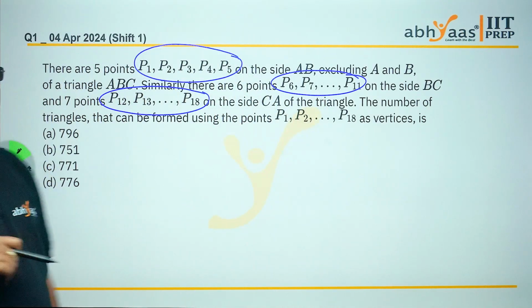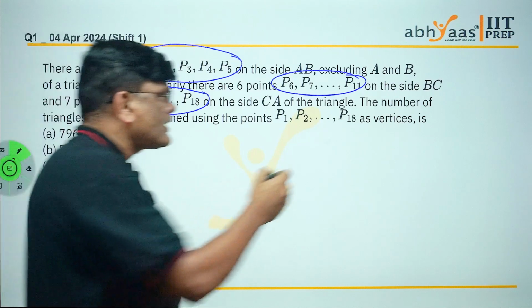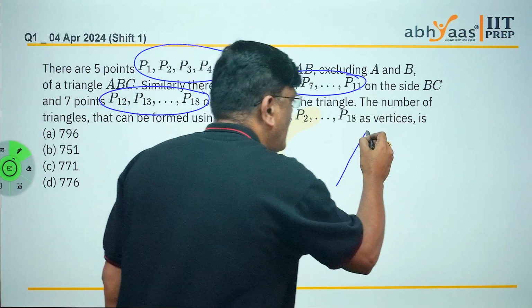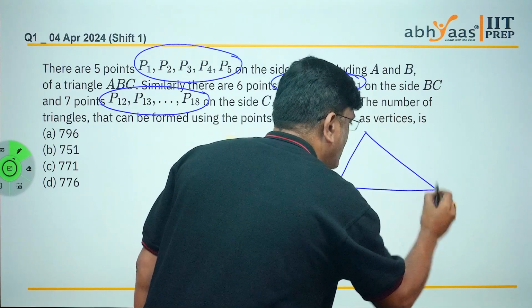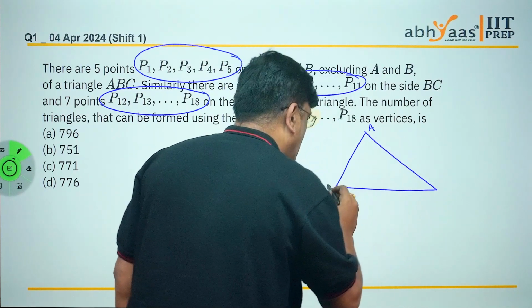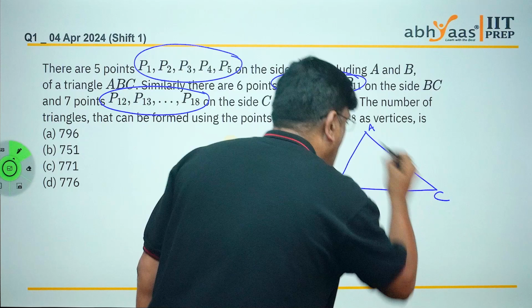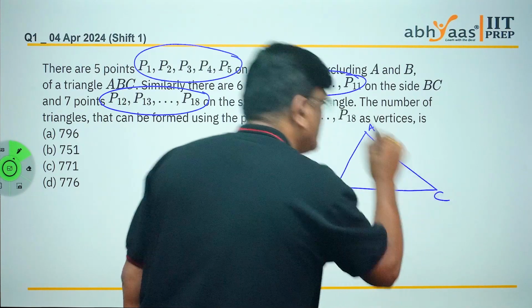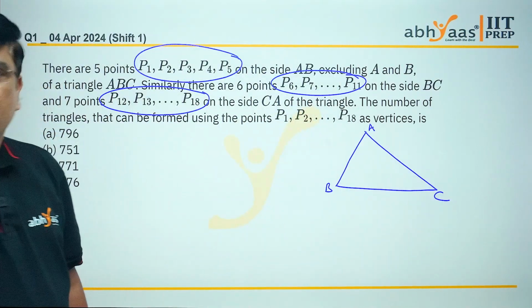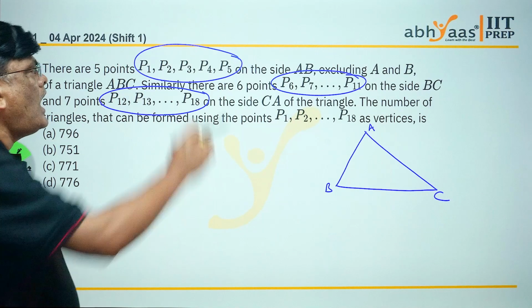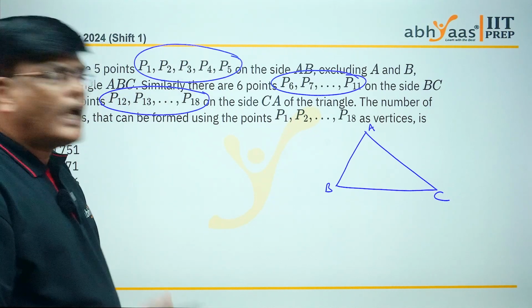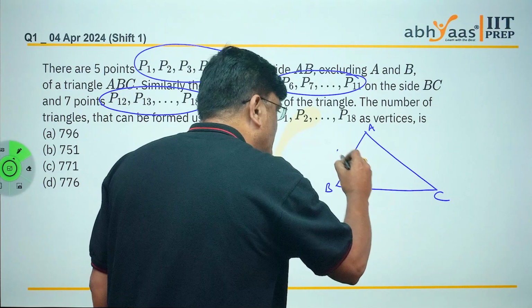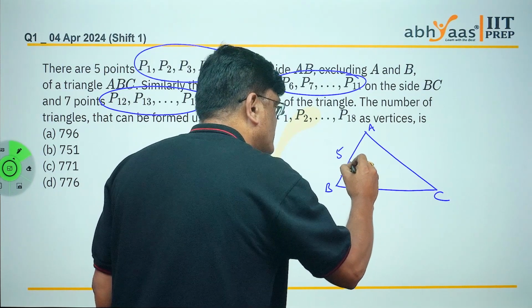Okay, students, now all of you see here, right? Now, first I am taking one triangle ABC. Okay, so this is the triangle ABC. For this triangle, the sides are AB, BC and CA. Okay, according to the given, on the side AB, there are 5 points excluding A and B. Okay, on this side, there are 5 points like this.